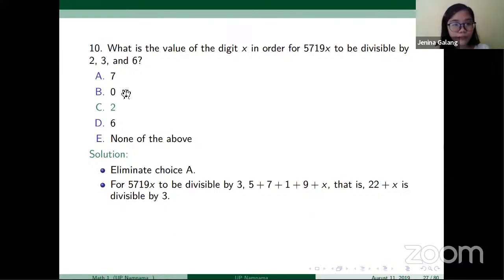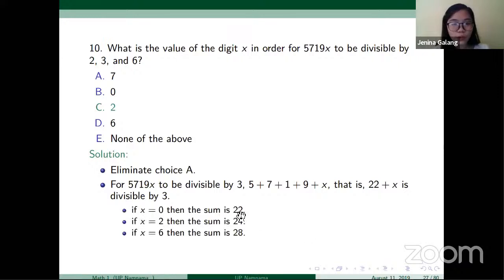So if yung x natin is equal to 0, we will have 22. And yung 22 is not divisible by 3. So hindi yung x is not 0.